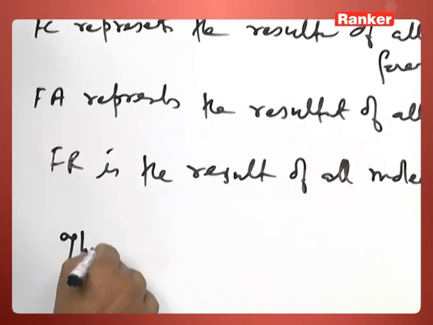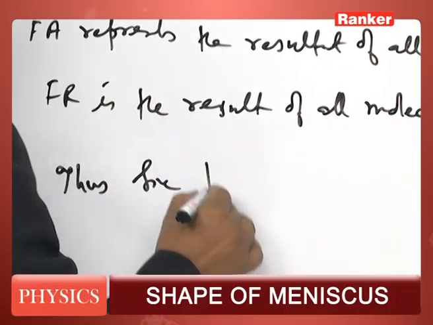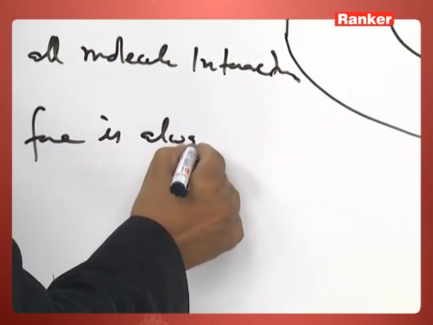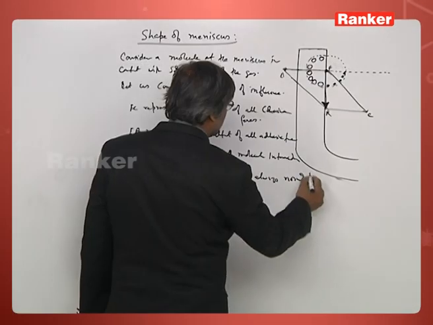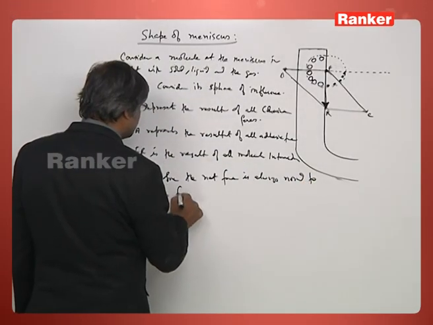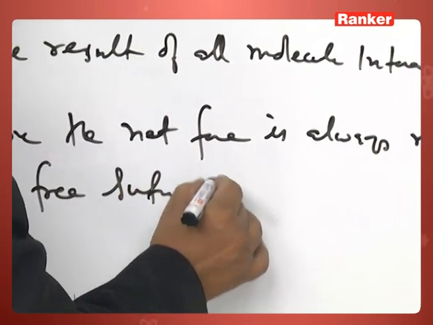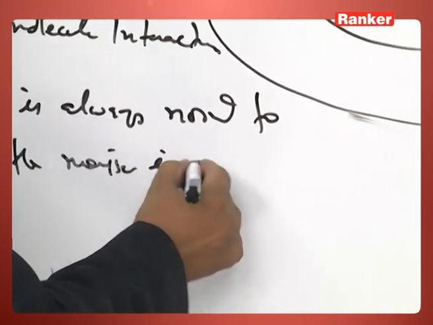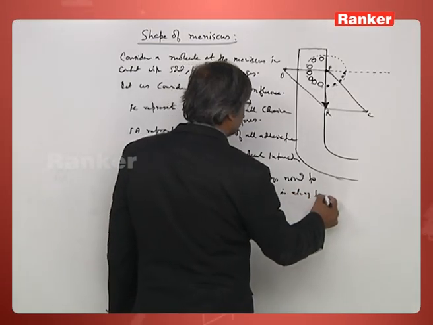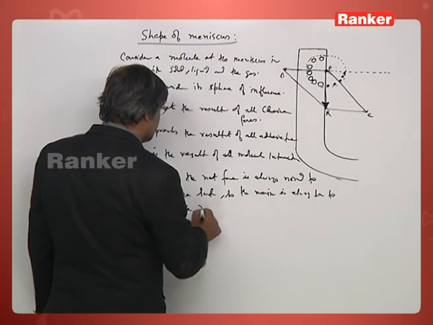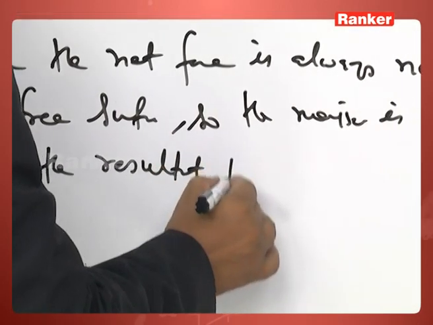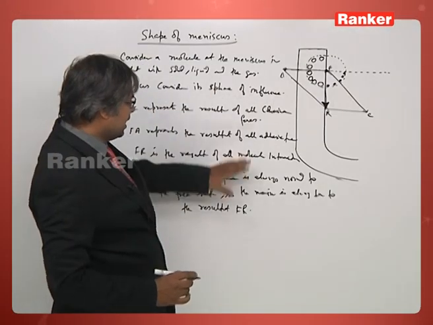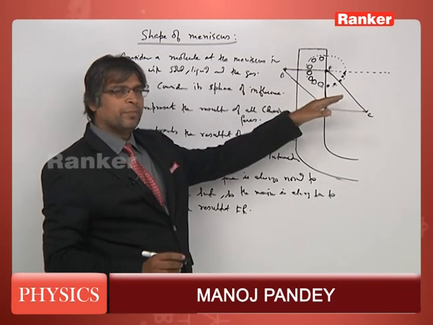Thus, since the net force is always normal to the free surface, the meniscus is always perpendicular to the resultant FR. So this is the whole idea about the meniscus.